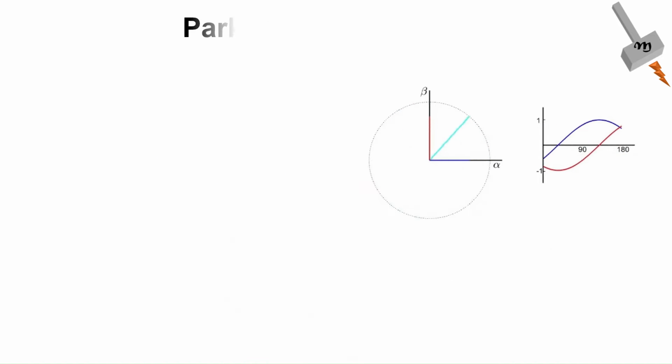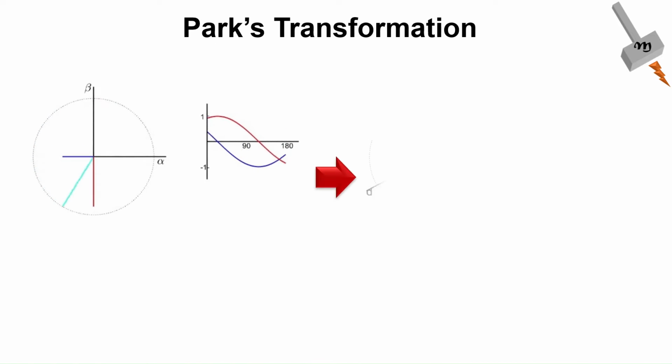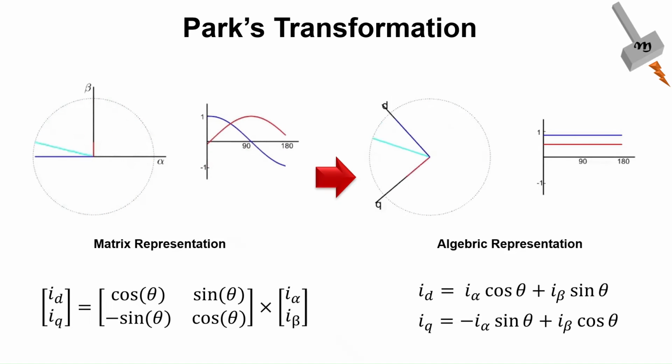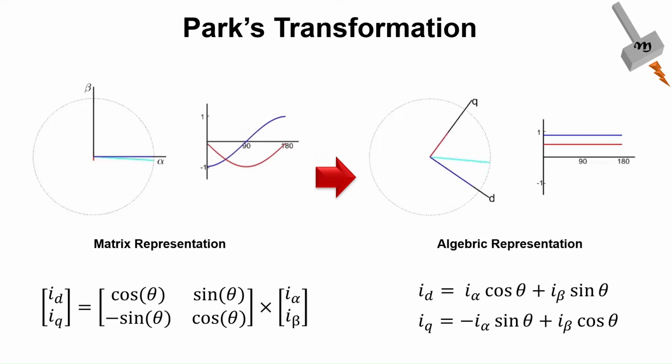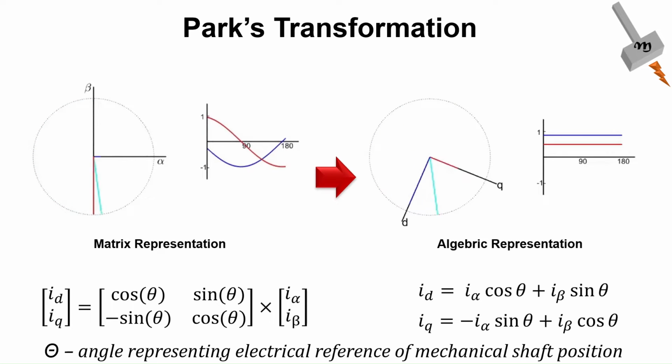The Park transformation converts the two components in the alpha beta frame to an orthogonal rotating reference frame, DQ. For this transformation, the signal of position sensors from the induction motor is fed to the control system, which provides the electrical reference for the mechanical position of the shaft.